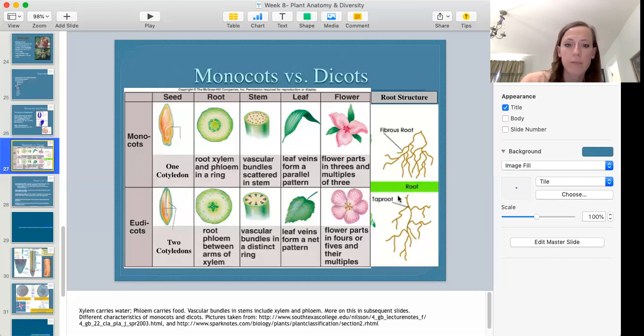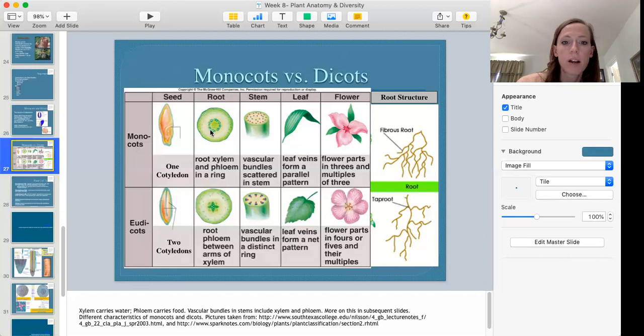And then if we were to cut a cross section and look at the cross section of the root or the stem, we'll be able to see a lot of differences as well. And we're actually going to examine these two, the roots and the stems, for monocots and dicots under the microscope this week. So looking at the roots, you will notice that for a monocot, you've got your vascular structures arranged in a ring in the roots.